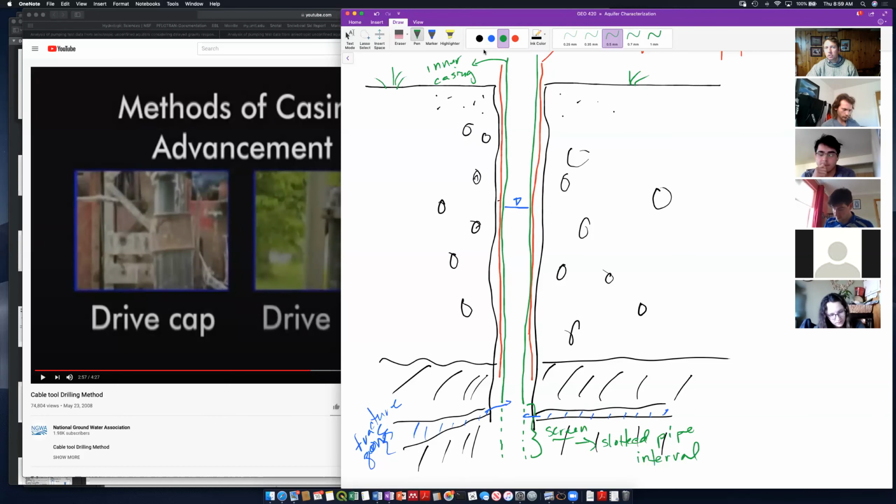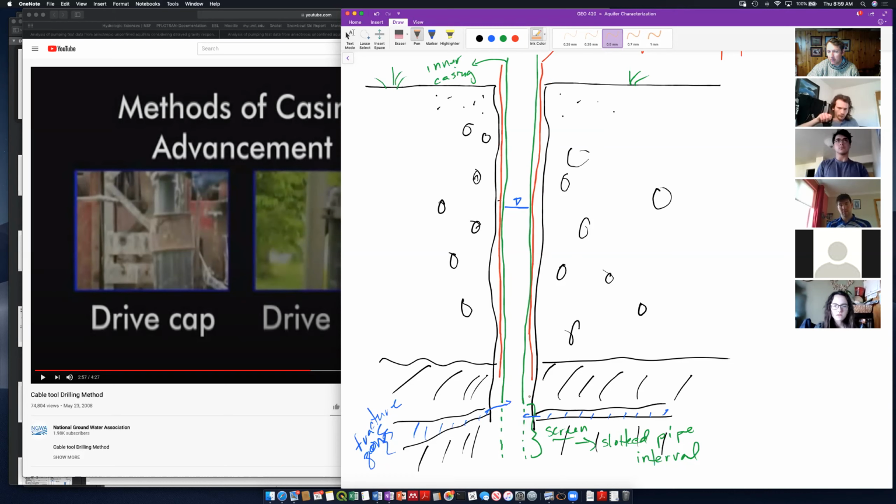Now, super important point here. If I only want to get water out of the screened section, I've got to seal the hole everywhere else between the casing and the hole. Does that make sense?